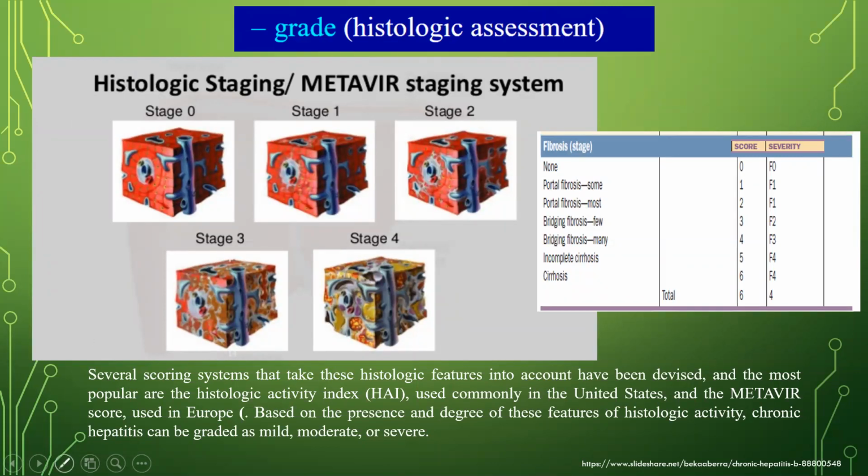Several scoring systems that take these histological features into account have been devised, and the most popular are the Histologic Activity Index, used commonly in the United States, and the METAVIR score, used in Europe. Based on the presence and degree of these features of histological activity, chronic hepatitis can be graded as mild, moderate, or severe.